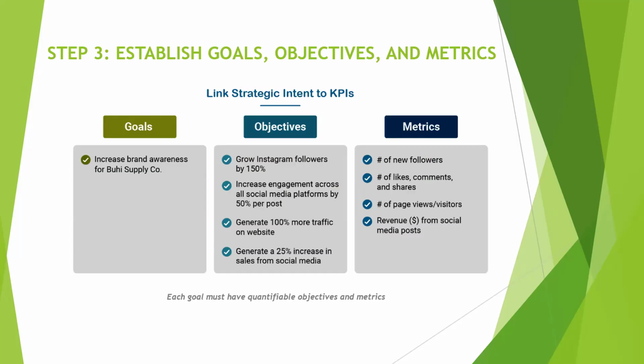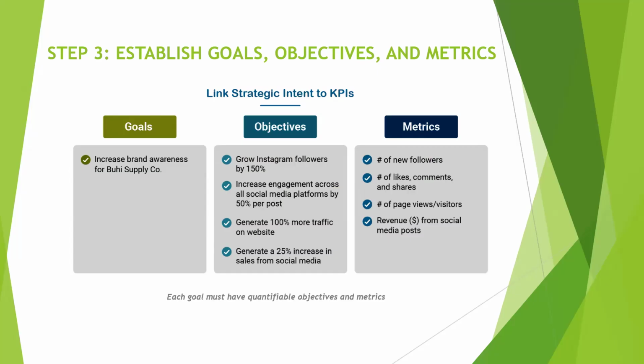So in this example, they're trying to grow Instagram followers by 150%. That's pretty crazy. And all of these generate 100% more traffic on the website, like all these different things. I personally would never set an objective that is tied to sales, because then that turns social media into a sales job. But whatever, this is just an example.